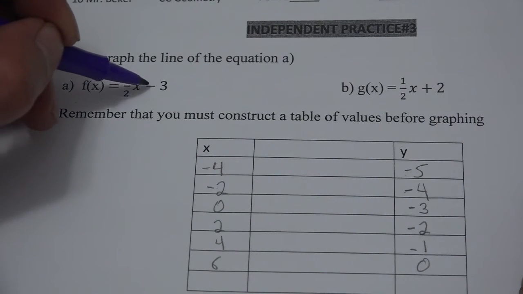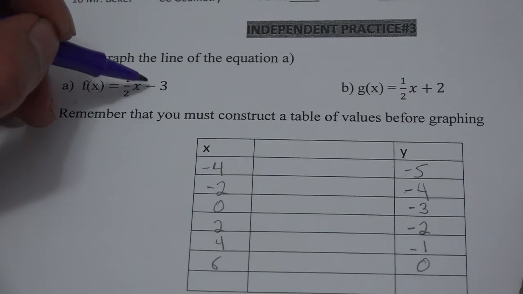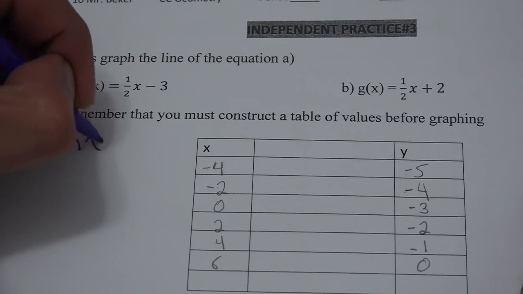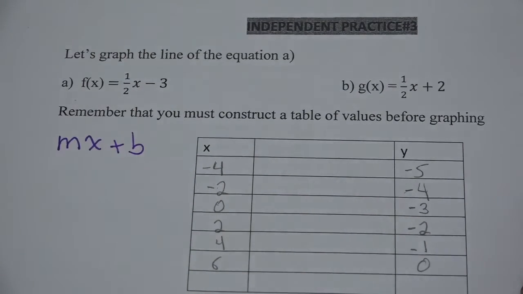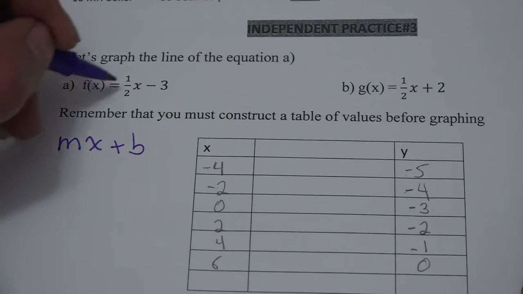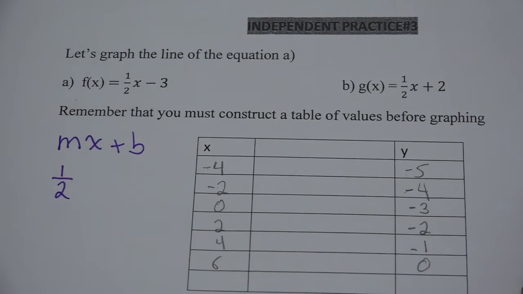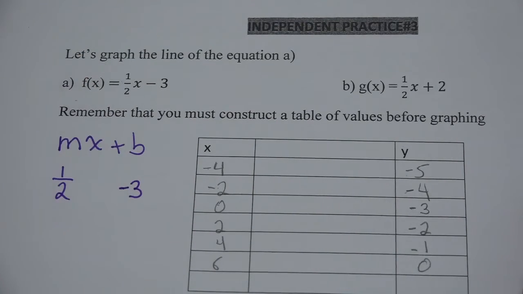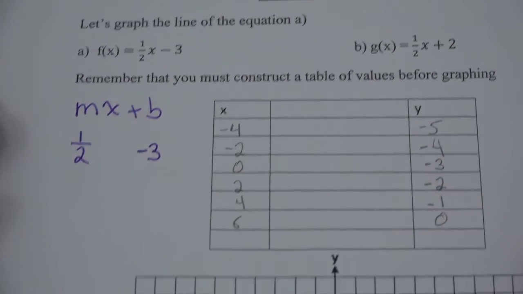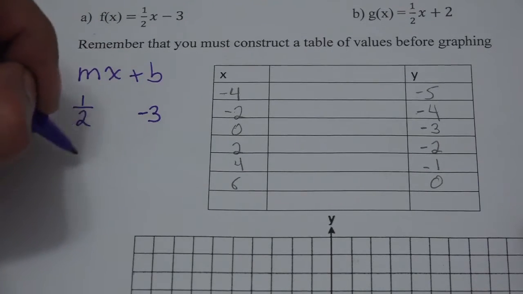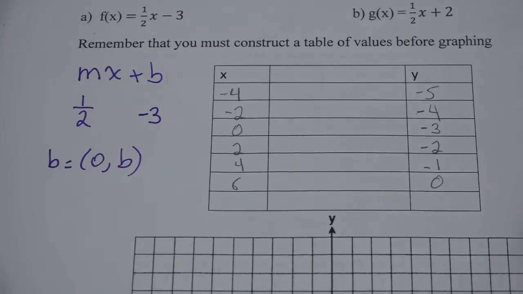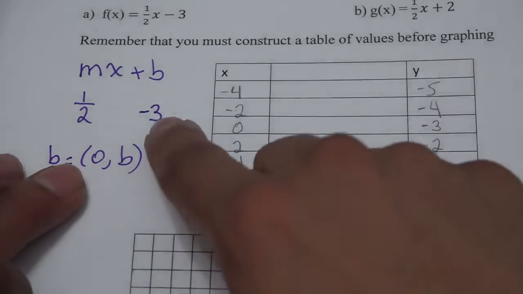So mx plus b. Doesn't have to be a plus, it could be a minus. So if it's like this, m is the slope, that means that 1/2 is my slope. And that b is my y-intercept, -3. The coordinates of the y-intercept are always 0, b. So in this case, it would be 0, -3.